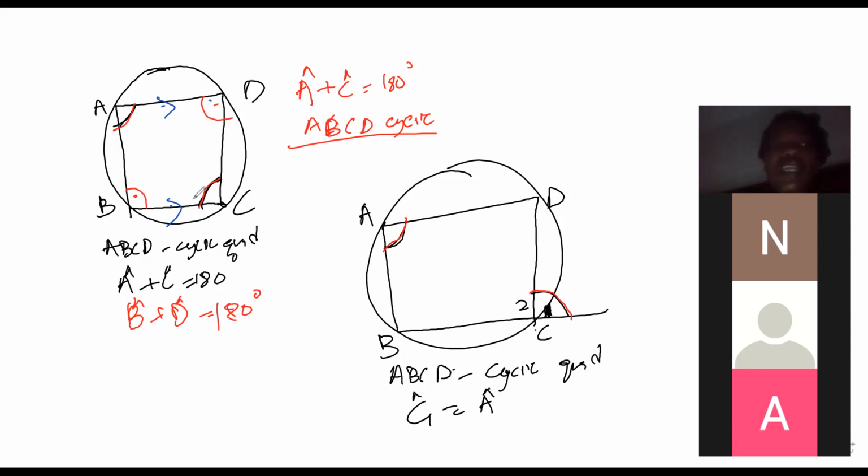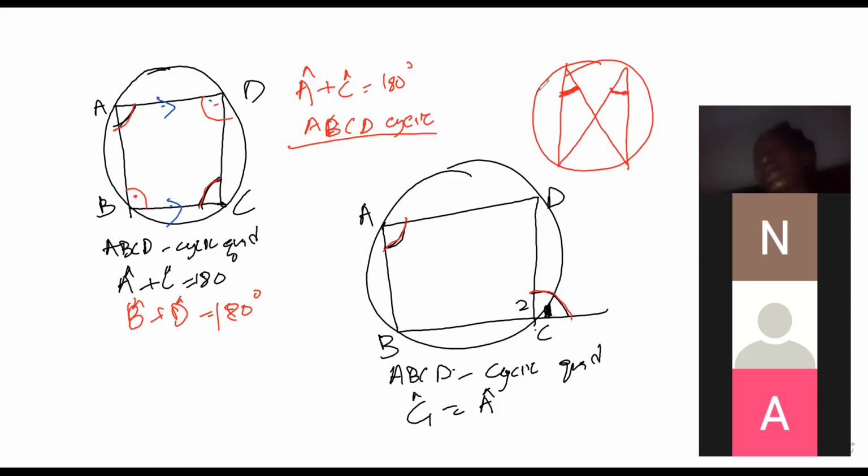So if your interior opposite angles are supplementary, therefore that will be a cyclic quad. And the last one which we have done, it was this one. If you find that this angle is equal to that angle, therefore this will be a cyclic quad. The same as if this one will be equal to that, therefore that will be a cyclic quad.